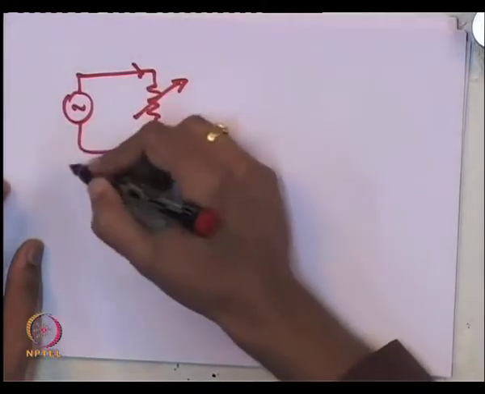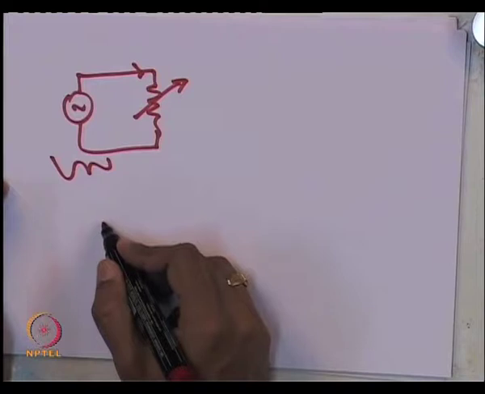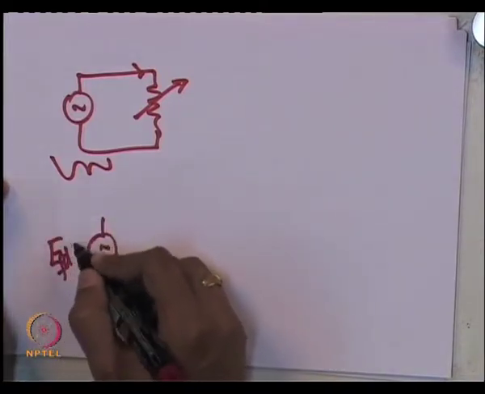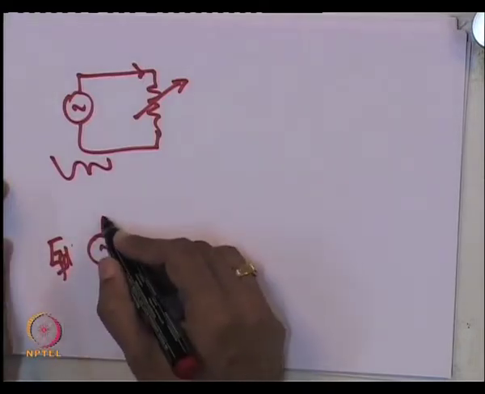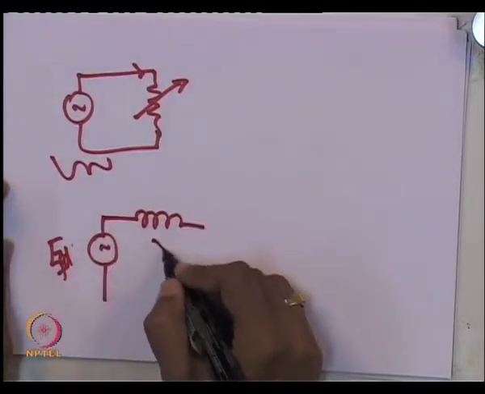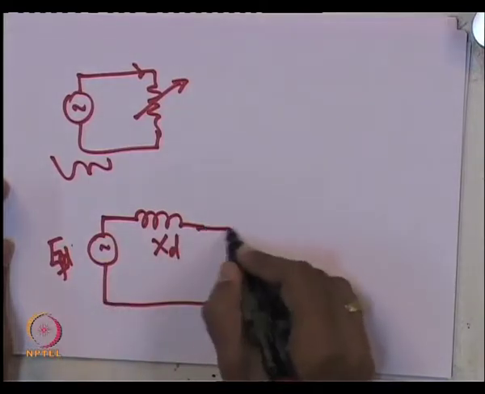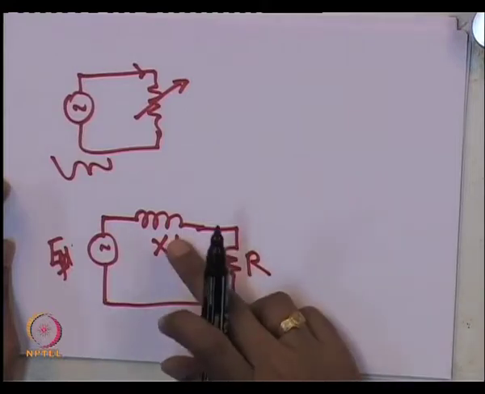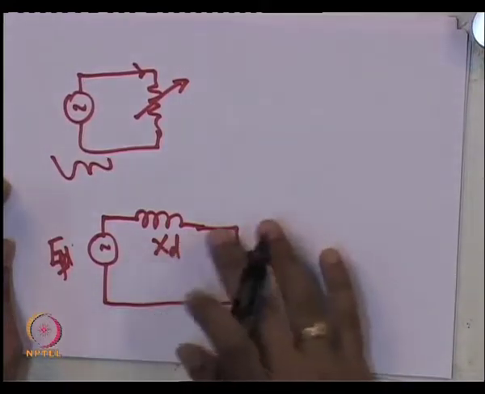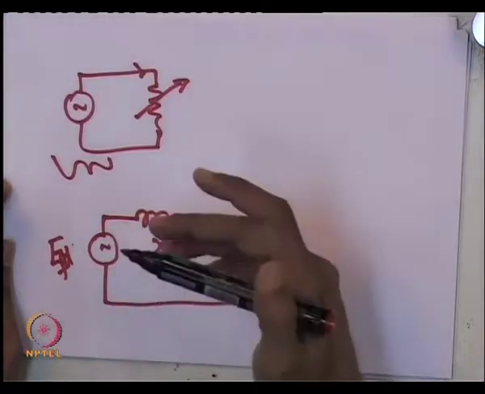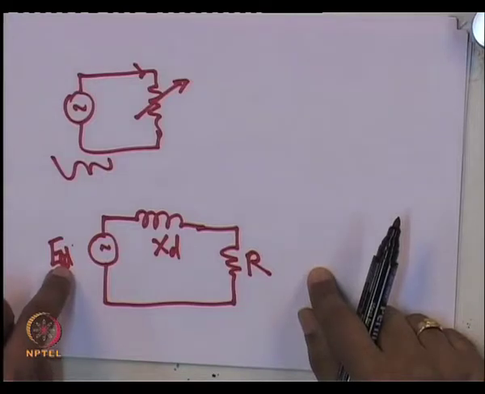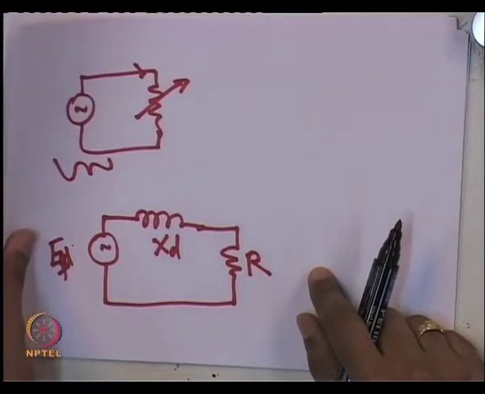In fact, the electrical equivalent of a synchronous machine in steady state, if it does not have any saliency, is simply a voltage source of magnitude EFD, XD and the resistance R, and you know that if XD is large, the maximum power transfer is going to be limited, unless I change EFD.